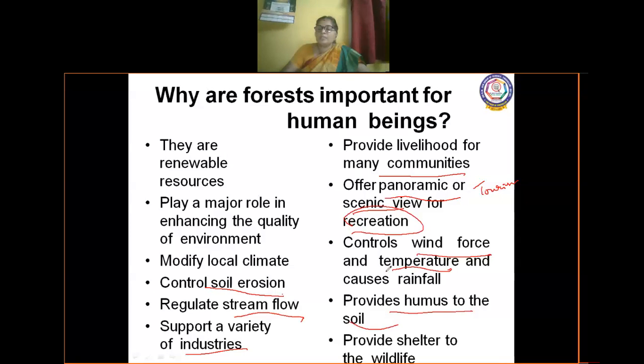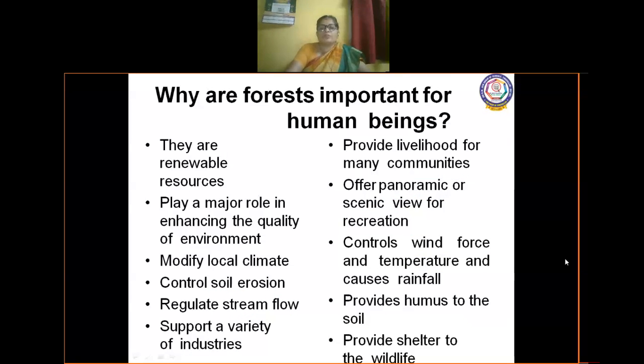Yes, dry leaves and tree remains will make the soil more humus, and forest is also the wildlife shelter. So these are the important points for you to learn how the forests are useful.